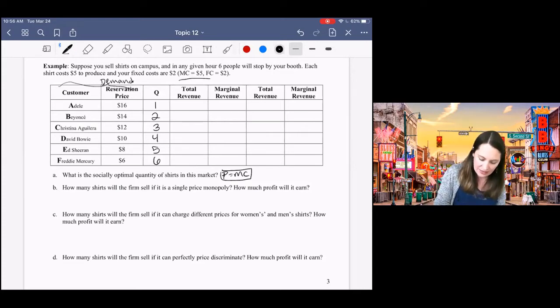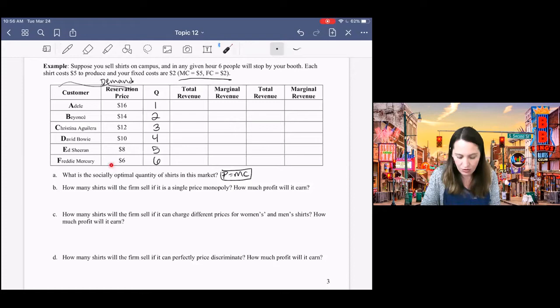You can see here that we have a marginal cost of $5 and a fixed cost of $2. So if the price was $5, how many people would buy this product? The answer is all of them.